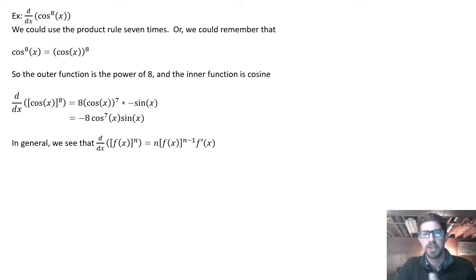It's just something you notice after doing it a bunch. If you have a function to a power, then the derivative of that is always the power times the function to the power minus 1 times the derivative of the function. It's just something you see a lot in trig, especially, with sine and cosine to powers. You can see that that's always just what it ends up being. So that's just a specific instance of the chain rule.